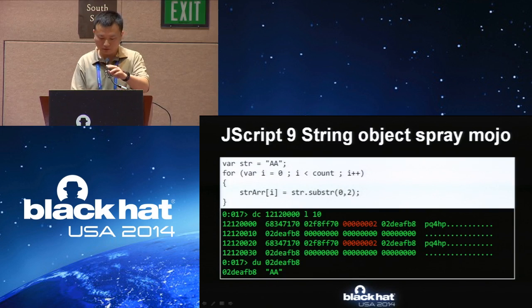Let's see about this. This is how JScript 9 stores string object data. The length and the data are in different memory addresses: the length, the data address, and the data.